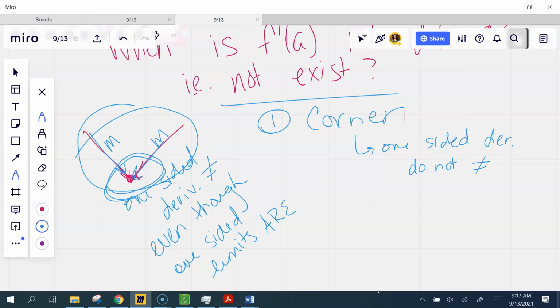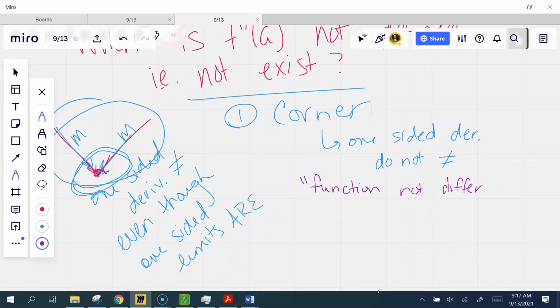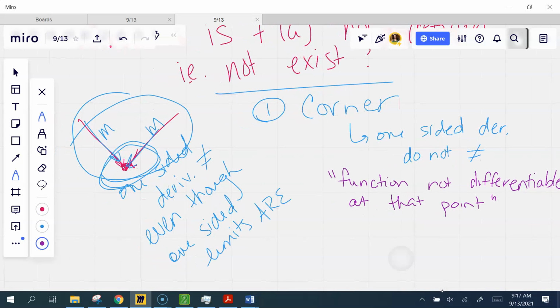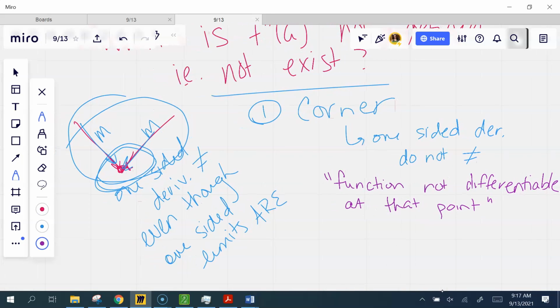Even if the derivative limits were the same, what would happen? Let's say the derivative is the same, the normal graph. Even if the limit is the same from the left and right, the derivatives are not going to be.